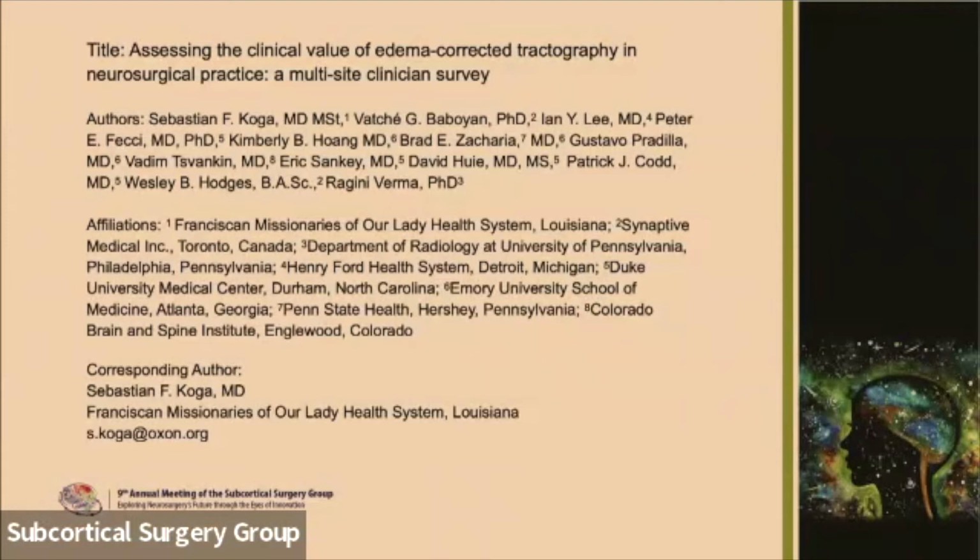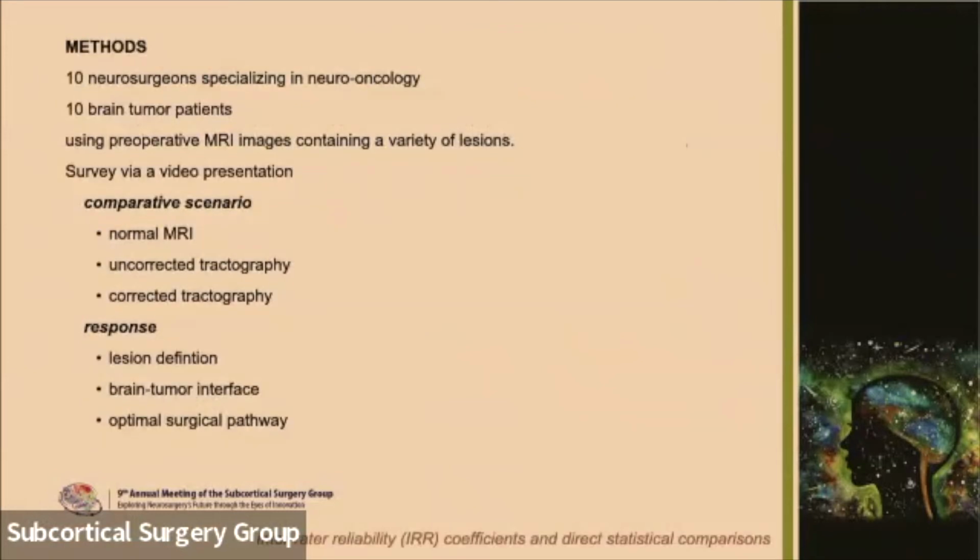We have basically taken 10 neurosurgeons, 10 complex tumor patients with a variety of lesions and done a survey in which we present a comparative scenario, navigating to the tumor and planning the tumor using normal MRI, conventional tractography, and then our improved or corrected tractography.